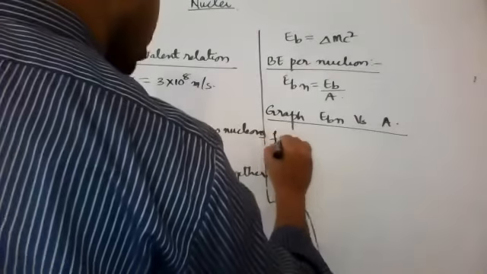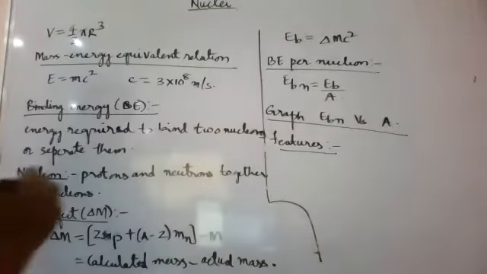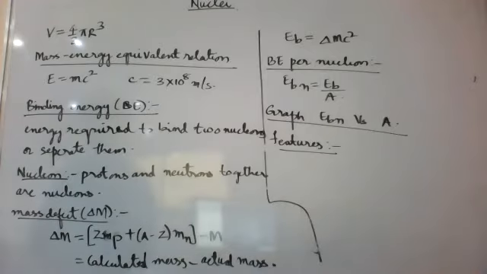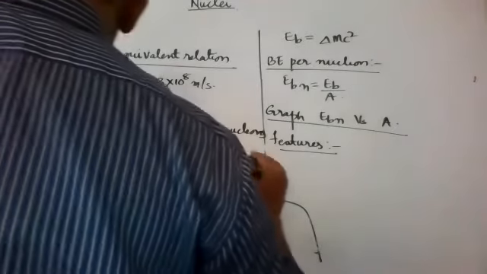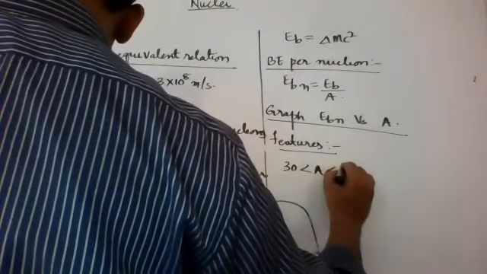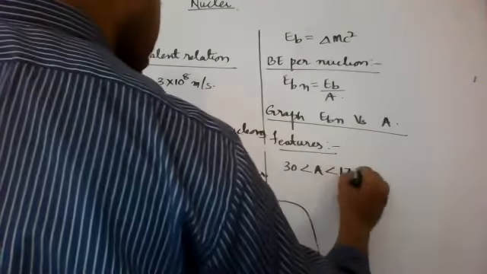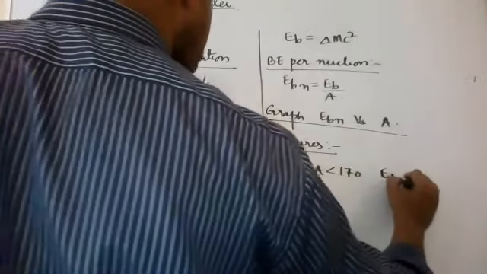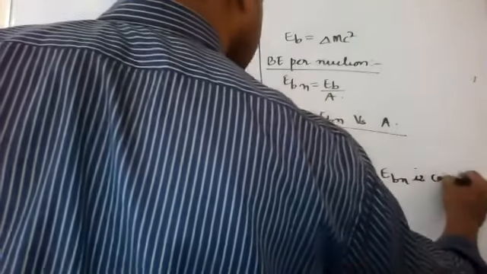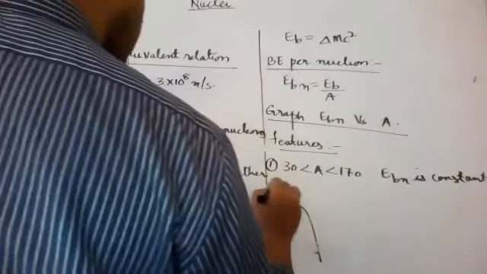Number one, we came to the conclusion that for mass number between 30 and 170, the binding energy per nucleon is constant. This is the first point we got.